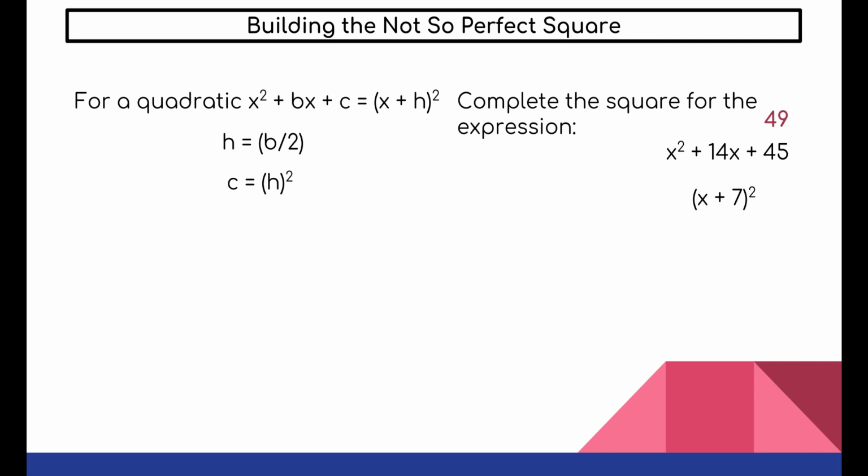But we don't want 49 because we're actually only looking at 45. So the question is, is 45 more or less than what we're supposed to have? And clearly, it's less. So how do we get from 49 to 45? We subtract 4. And so the vertex form of this trinomial is the square of x plus 7 minus 4.